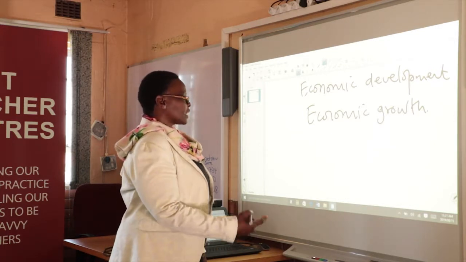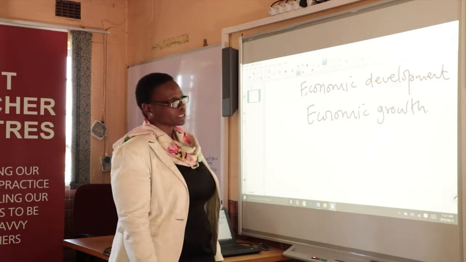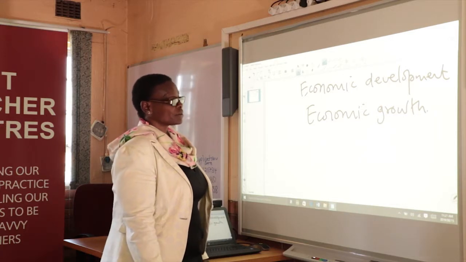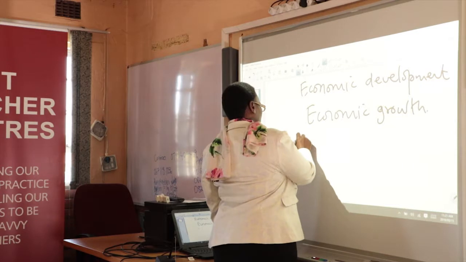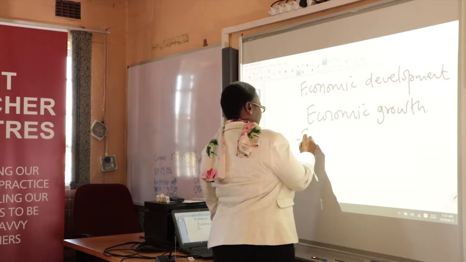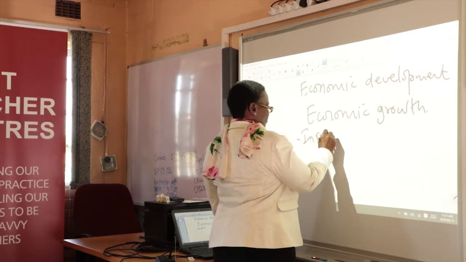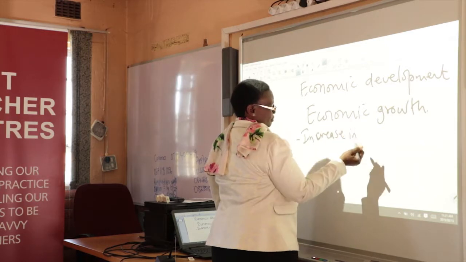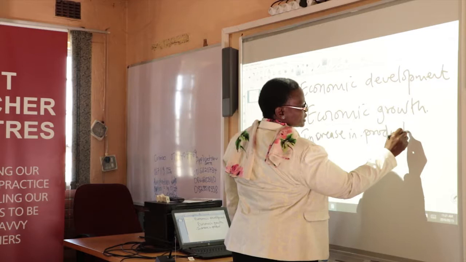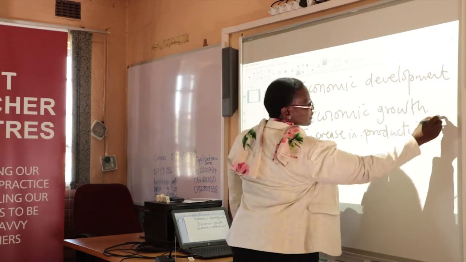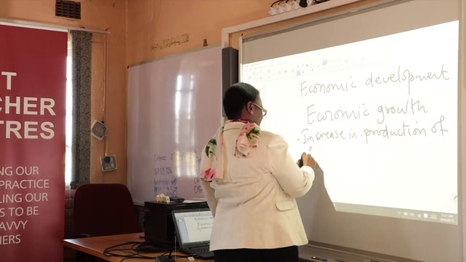And the increase expressed as a percentage is referred to as economic growth rate. So this is when there is an increase in the production of goods and services in the economy.